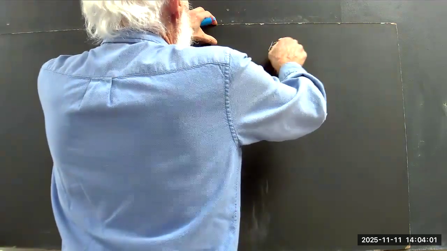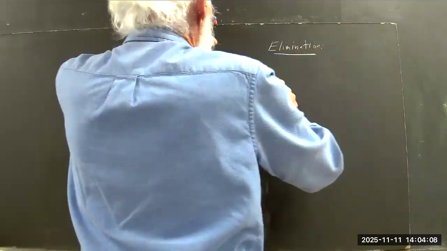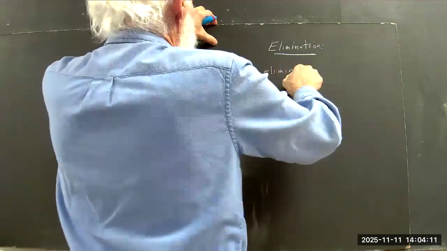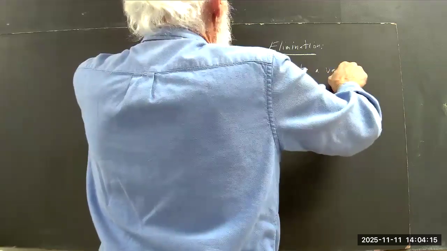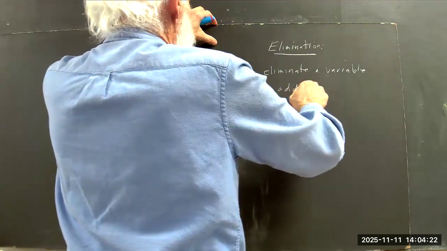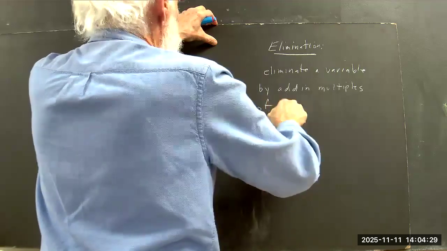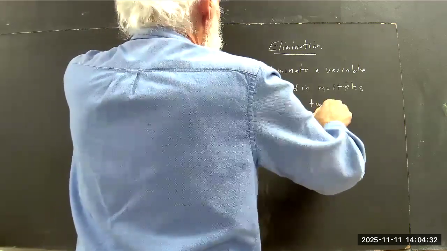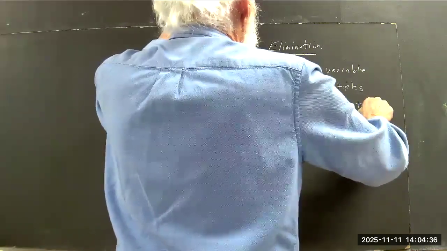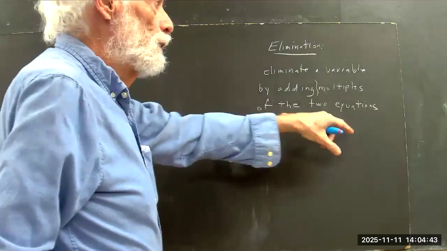So the method of elimination, we eliminate a variable by adding multiples of the two equations.